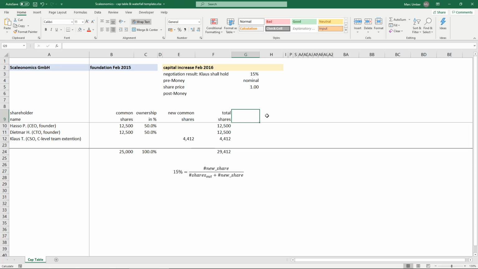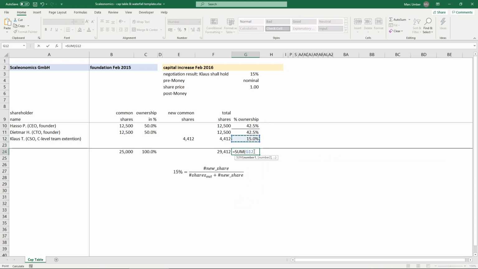Let's check the percentage of ownership. This will be 12,000 divided by the new amount of shares outstanding. And the sum of this is 100%.